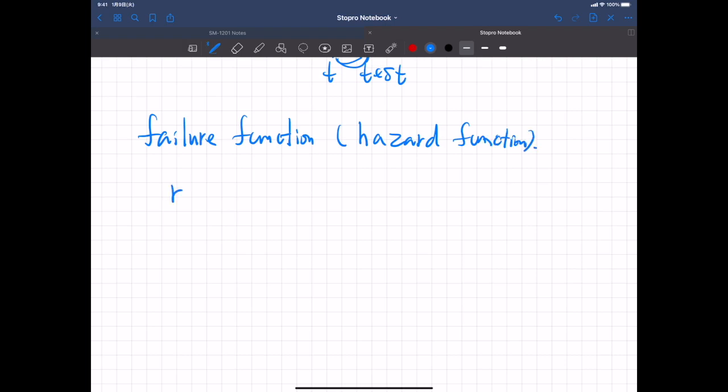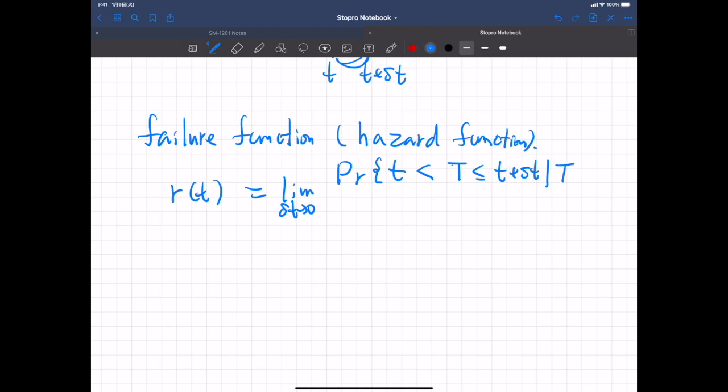Okay, this is defined as this limit: the probability that the time to failure is between t and t plus delta t, given that the time to failure is greater than t.